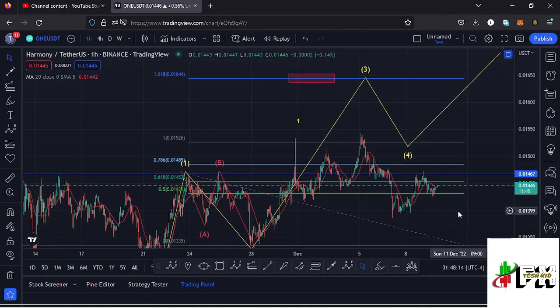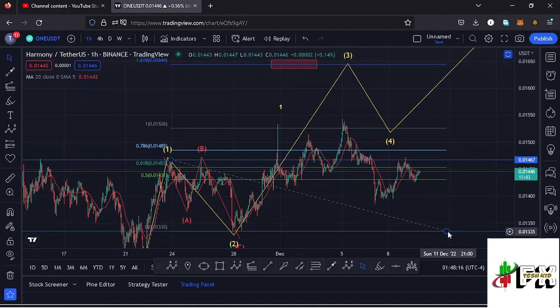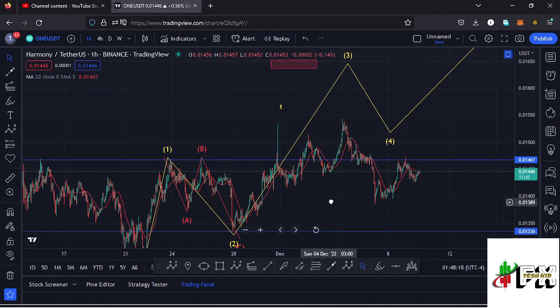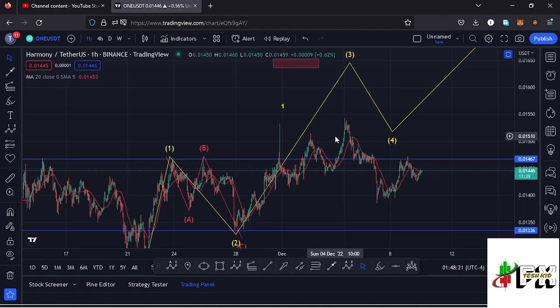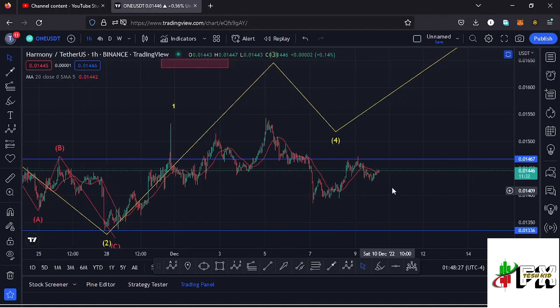For us to say that we are in the formation of that wave 3, we need to see an impulsive nature over here, and from what you can see, this wave 3 has been losing its impulsive nature by losing the wave 1 high, so we need to manage to break above the wave 1 high once more for us to say that we are back in that impulsive movement in the formation of that wave 3.